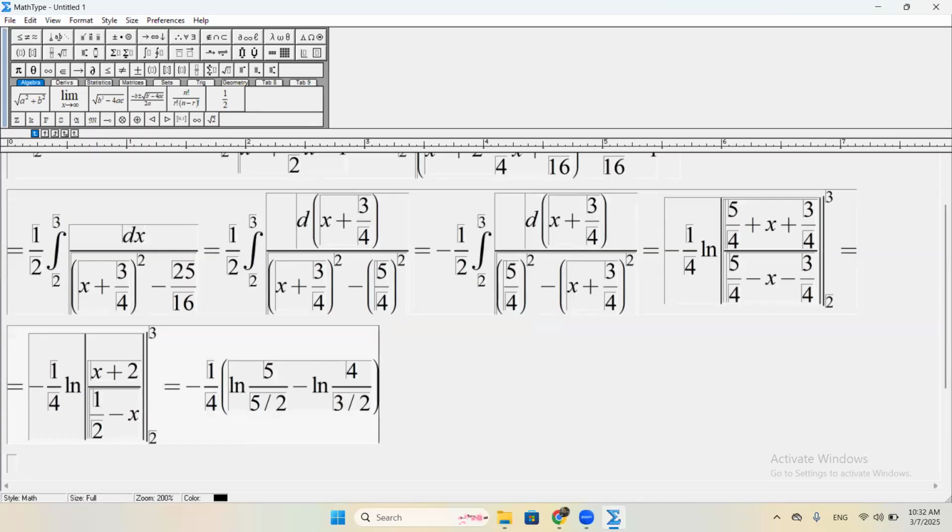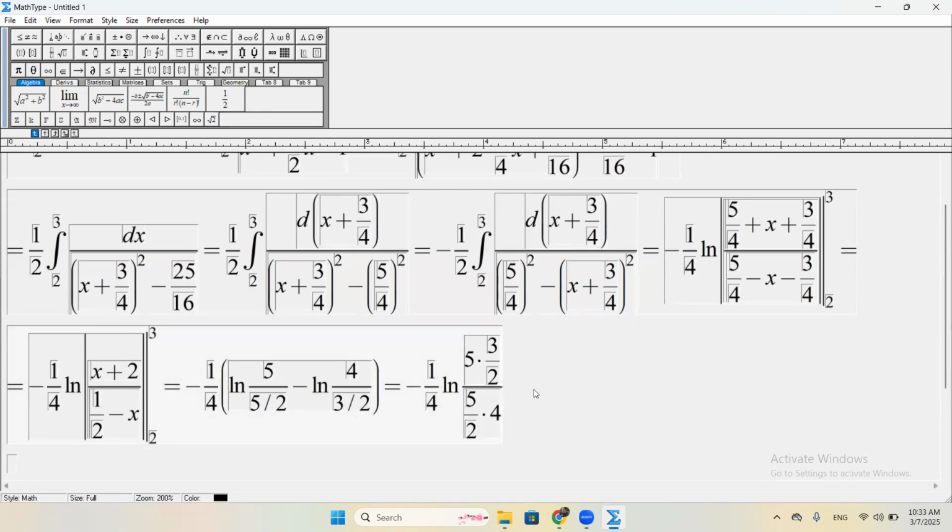So it's done. Now we will use the property of logarithm, that a difference of logarithms equals the logarithm of the fraction. So 5 over 2, and 5 will be multiplied by 3 over 2, and 5 over 2 will be multiplied by 4.